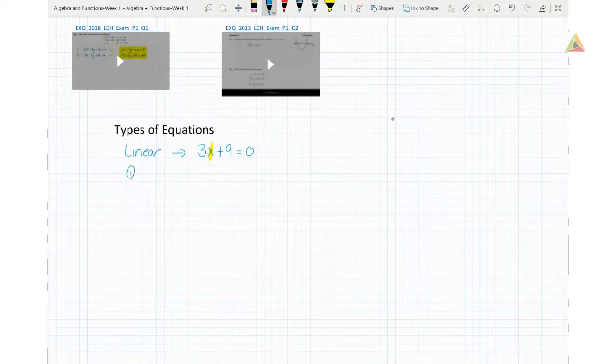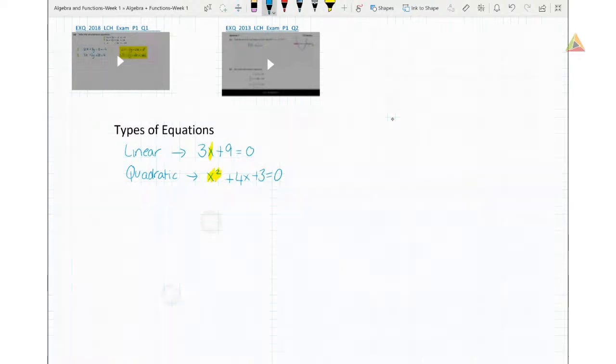The second type of equation that we might be asked to solve is a quadratic equation. You'll be very familiar with these, especially from junior cert. An example of that might be x squared plus 4x plus 3 equals 0. The reason it's called a quadratic equation is because it has an x squared in it. So anything with an x squared is going to be your quadratic equation.